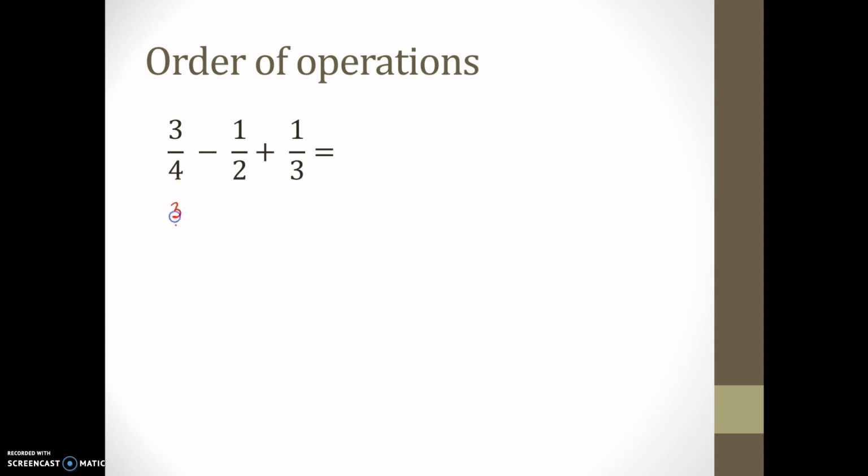So let's rewrite our problem right here with what we're going to multiply each fraction by to make 12ths. So we have 3/4, and I'm going to multiply that by 3 over 3. And then I'm going to write the rest of my problem, minus 1/2 times 6 over 6, plus 1/3 times 4 over 4.